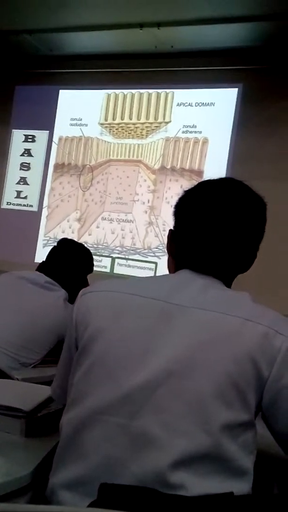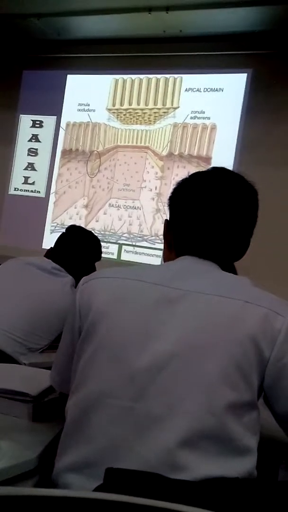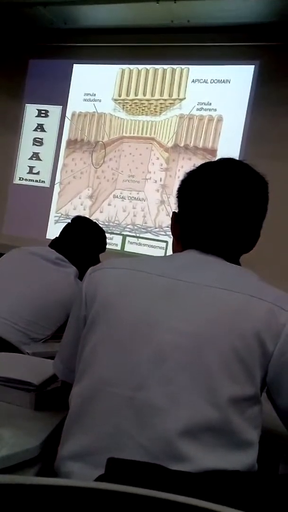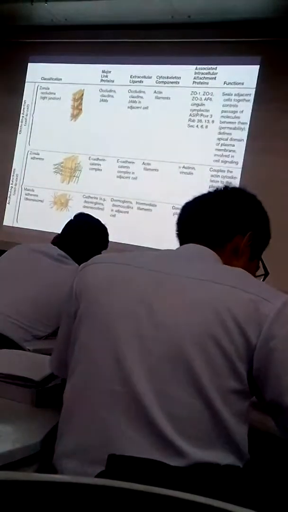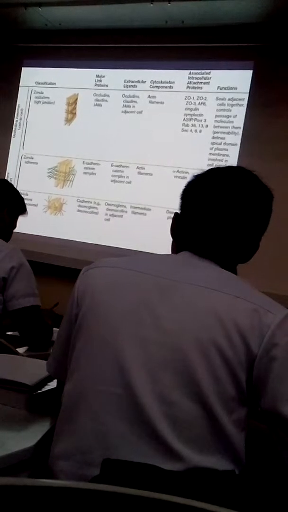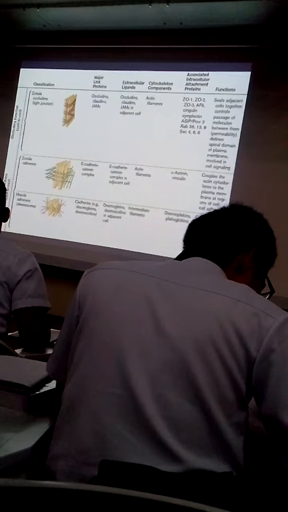For the basal domain, we have the focal adhesions and the hemidesmosomes. I think we have a table here that would show the differences. For example, the difference between hemidesmosome and desmosome with the other structures.